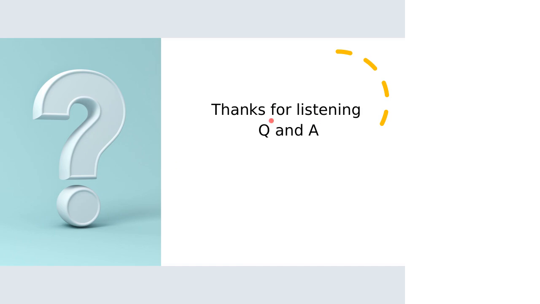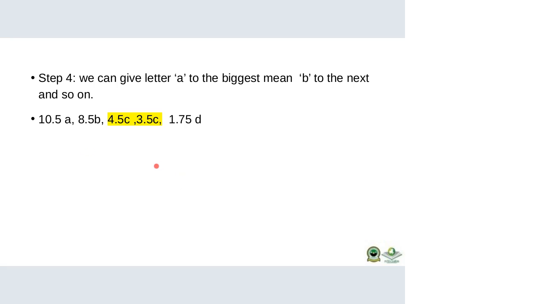If you have any question, you ask. I've taken it lightly so that you'll be able to follow. For the two designs, the completely randomized design and the randomized complete block design, one is one-way classification, two is the two-way classification, where we have considered two factors.